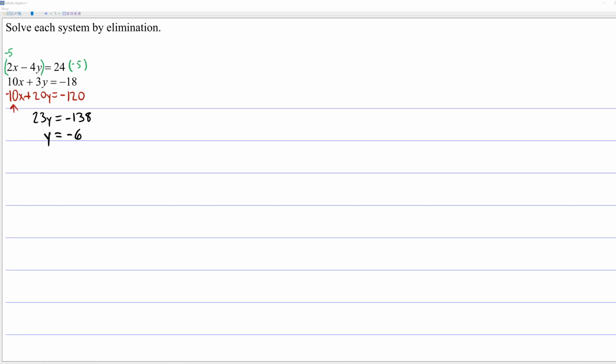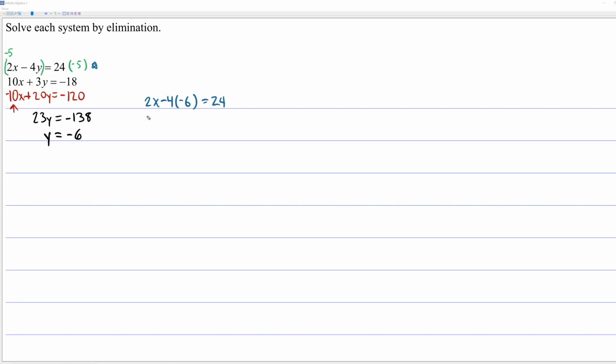That's no big deal. You want to plug this in wherever you want. It doesn't matter. Probably be easiest to plug this into the top equation before we added, that is. So we have 2x minus 4 times -6 equals 24.